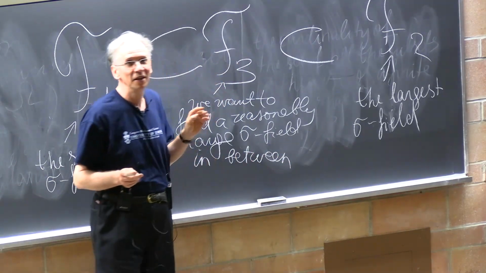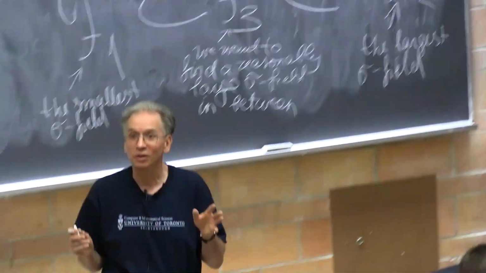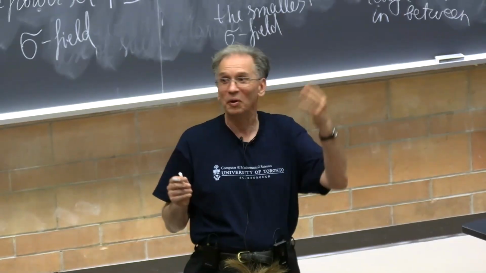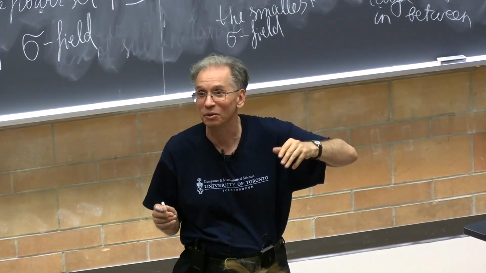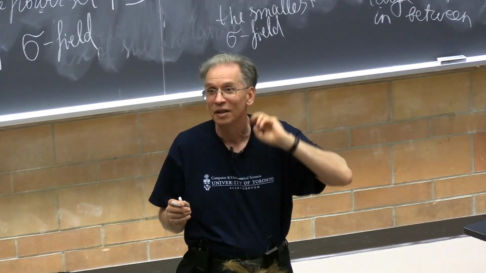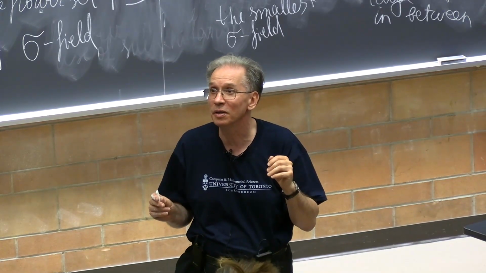And for this intermediate sigma field, we want to construct the probability measure somehow. Yeah? So we want to find a reasonable, meaningful probability measure. Is this clear?